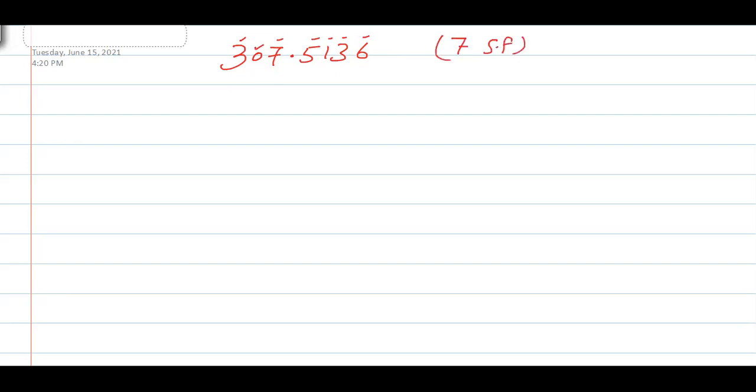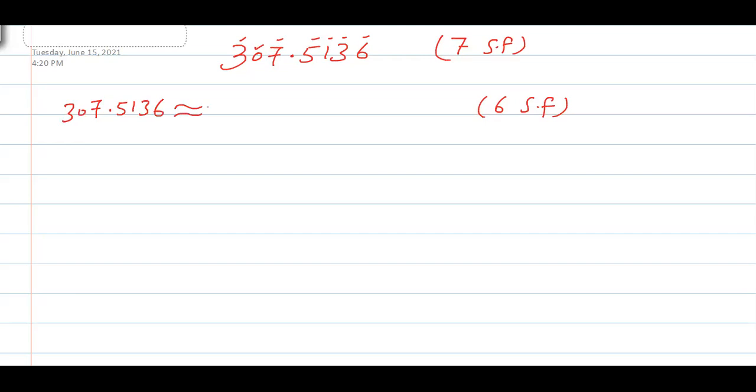Now, what we have to do, we have to round it to six significant figures, to five significant figures, to four significant figures, to three, two, and one significant figure. So first, let's round this to six significant figures. Let me write the number 307.5136.